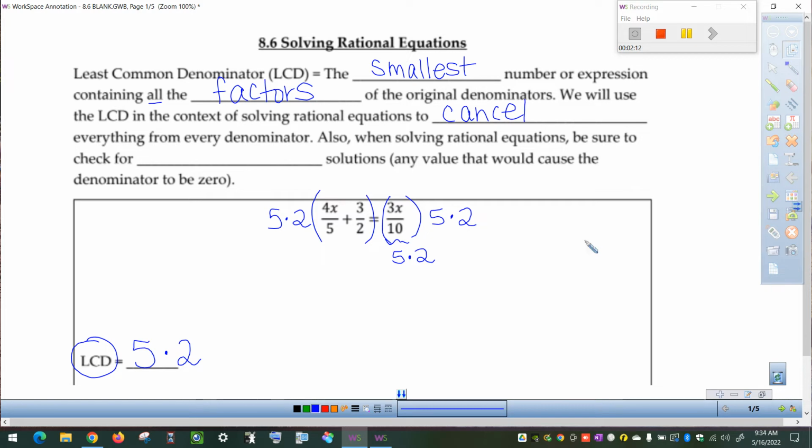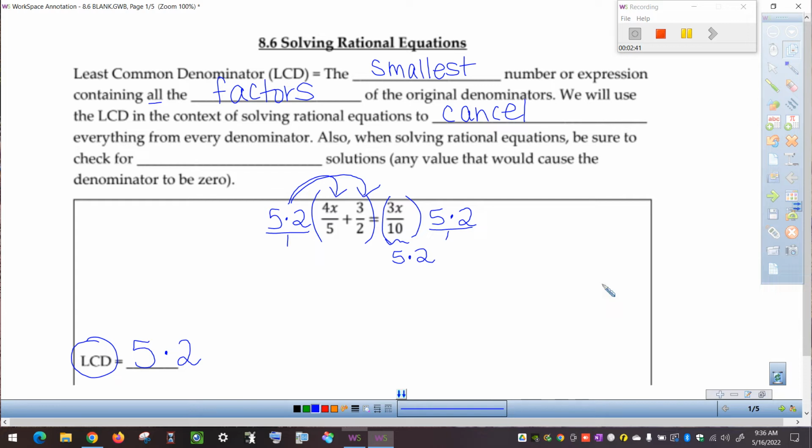Now you'll notice that on the left here, I put parentheses around this part because these pieces are being added. It's not just the first one that gets multiplied by 5 times 2. They're both going to get multiplied by 5 times 2, so it's kind of like the distributive property. One other thing I want to add: think of that 5 and that 2 as being in the numerator, so it's really 5 times 2 over 1.